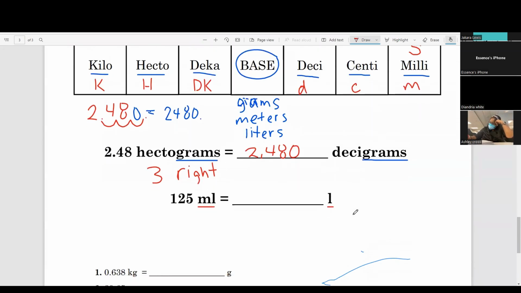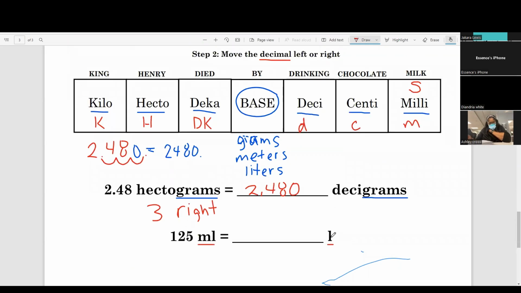They're attached to a base. So if I see L by itself, that's liter. If I see M by itself, that's meters. If I see G by itself, that's grams. These are things that you guys have to know because they're not going to tell you if it's an abbreviation. They're not even going to give you any type of conversion factor. They're going to expect you to know how to do this. So if I know my starting point is at milli and my ending point is at my base, I'm going to mark that as E.